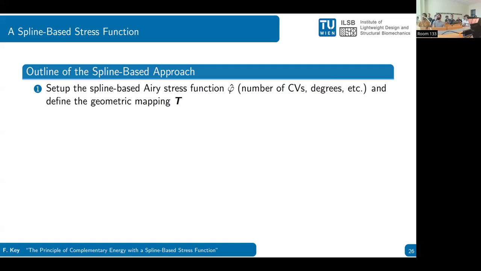So basically we first set up this spline-based stress function phi hat, so we can choose the number of control variables, the degrees, which means we can choose our discretization in some sense. And we have to define this geometric mapping, which maps the unit square of the parametric domain to our actual geometry.